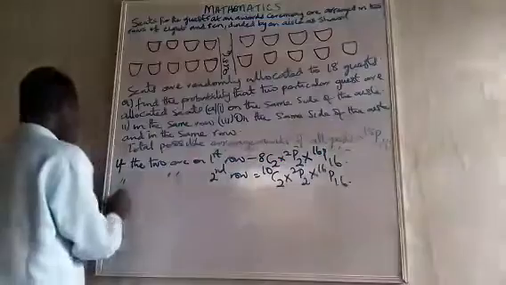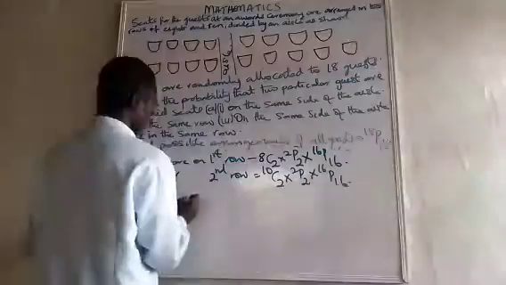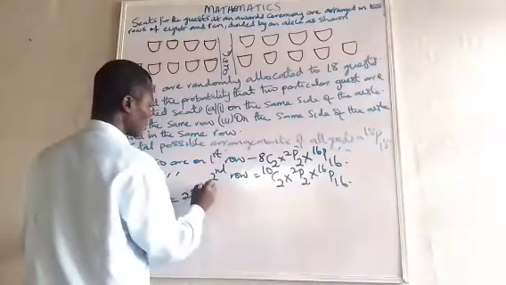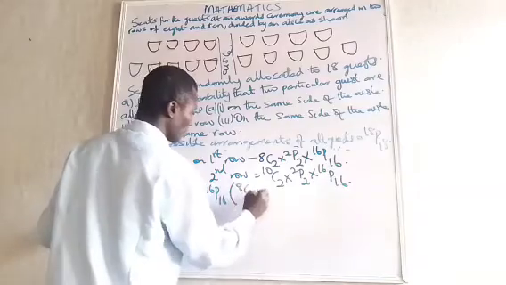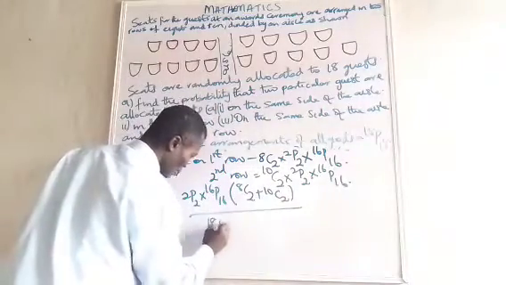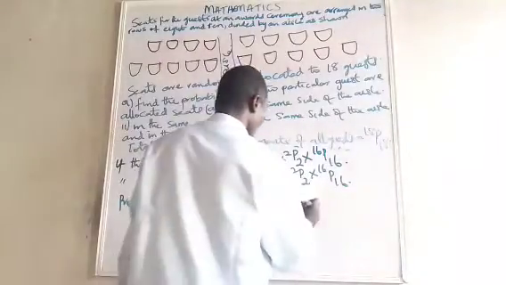So, probability now will be equal to 2P2 times 16P16 into 8C2 plus 10C2 over 18P18. So you know that 2P2 is 2 already.